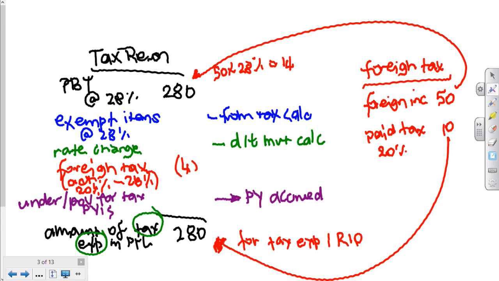I owe SARS. When the prior year accrued does not equal what was assessed, when that happens, I have an under or over provision for tax, isn't it?